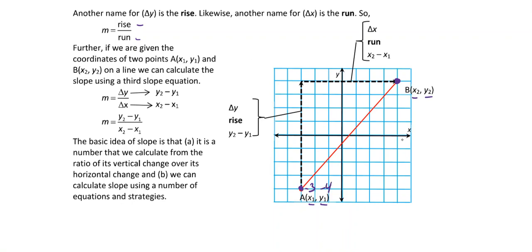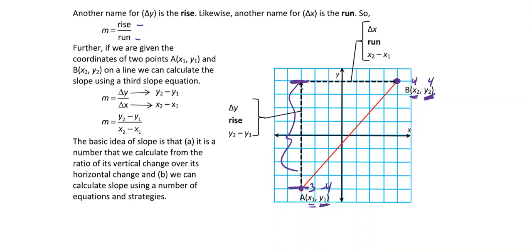And this one would be 4 comma 4. Then we could figure out the slope by going y2 minus y1, and then x2 minus x1. But if you think about what we're doing here, when I go y2 minus y1, what I'm really finding is my rise, right? I'm finding the difference between this height and this height. So that still just is our rise.